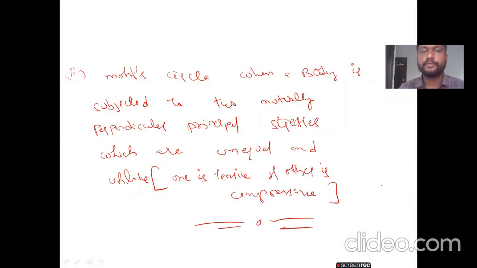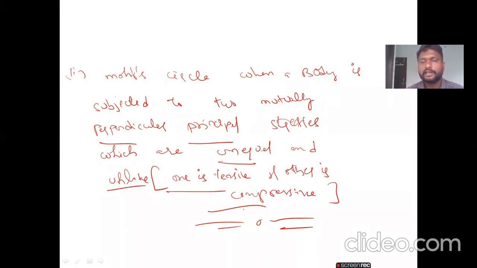How to do this? Mohr circle when your body is subjected to two mutually perpendicular principal stresses which are unequal and also unlike. That means one is the tensile portion and another is the compressive portion. Same like that, we have to calculate the resultant stresses on the oblique plane only.